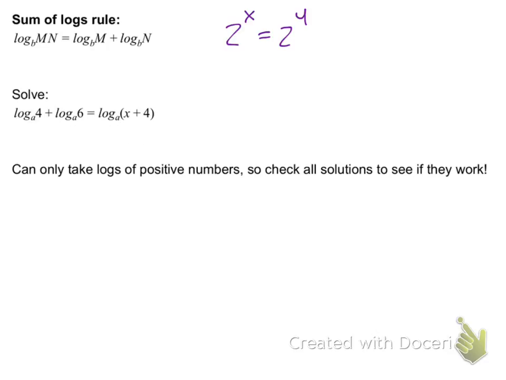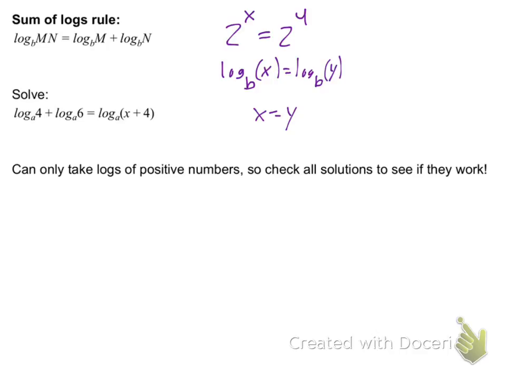If I can get it to say log base b of x equaling log base b of y, if you're taking the exact same log of both sides and the two logs are equal to each other, that would have to mean that x would have to equal y. Because they're logs, if you're taking the same log of both things and they're equal, that means the numbers inside are equal.